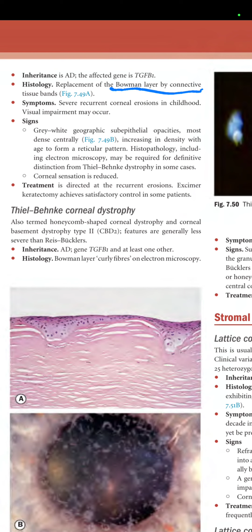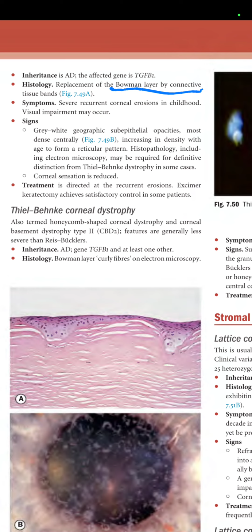Visual impairment may occur. Signs: gray-white geographical subepithelial opacities, most dense centrally, increasing in density with age to form a reticular pattern. So there will be subepithelial opacities that are very dense in the center of the cornea, and they increase in density in a reticular pattern.